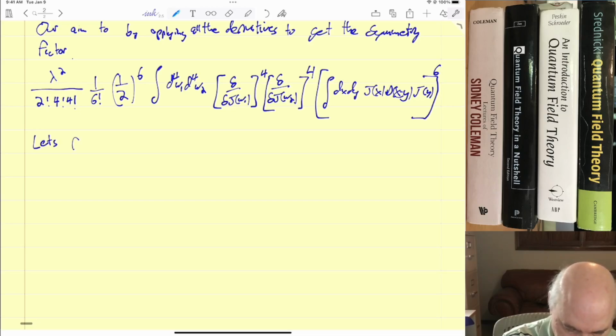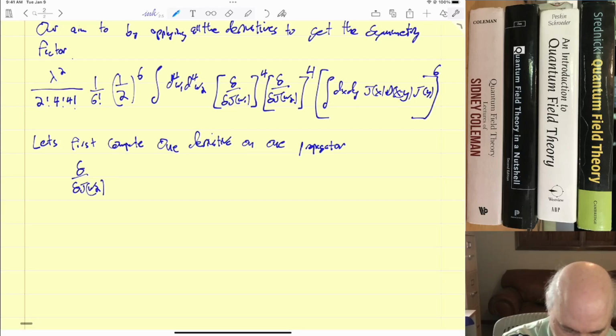Let's first compute one derivative on one propagator. So let's take del j w2 of the integral in dx dy, j x dx minus y j y. So this is equal to the integral dx dy.